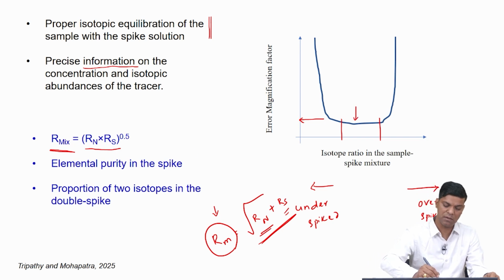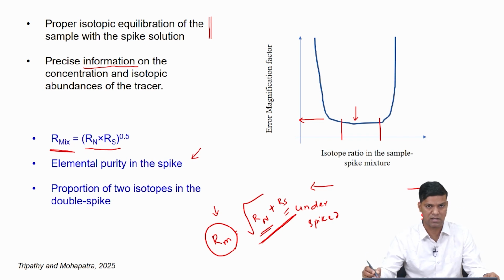Second, your measurement can introduce large error if the element purity in the spike is not very good. So, that also can control the error in your concentration measurement. When you are dealing with not a single spike but a double spike, the double spike is needed when you are interested not only in the concentration but also in finding a stable ratio for your instrumental fractionation correction.